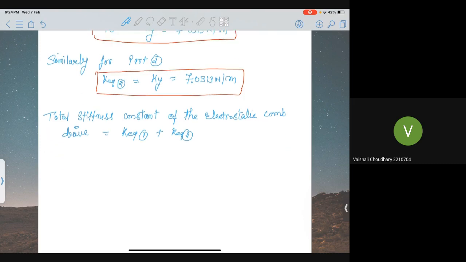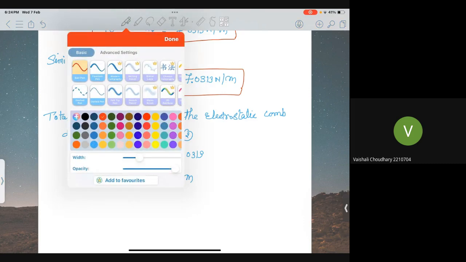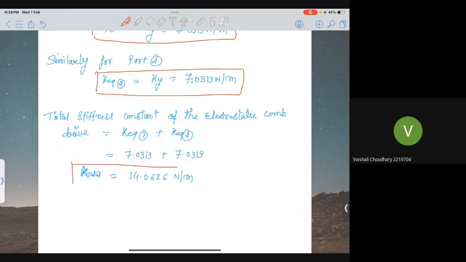Okay. So we'll add, and the total is 14.0626 Newton per meter. So this is the answer.